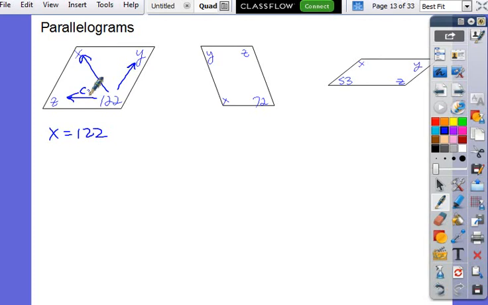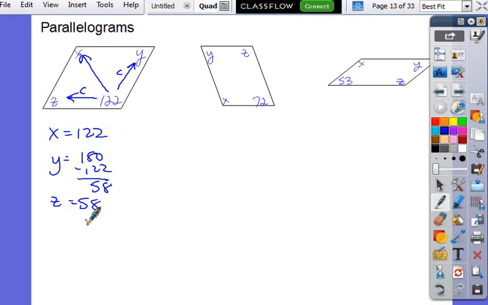What's the rule for consecutive again? Add up to be 180. So if this corner is 122 and that corner is 122, then the others have to be 180 minus 122. And once I know one of them, the other one's got to match it.